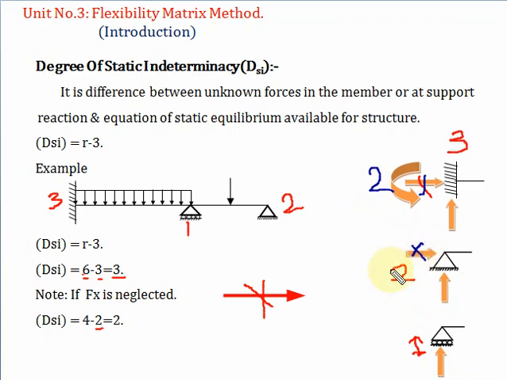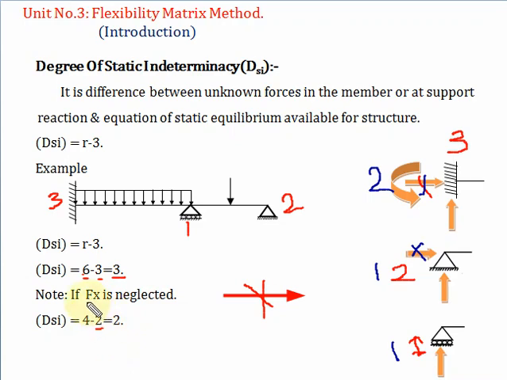For hinge support it will be 1. Okay, here there is no reaction in x direction. So the number of reactions will be how much? 2 plus 1, 3 plus 1, 4. So number of reactions will be 4, and number of equilibrium equations after deleting summation Fx will be 2.